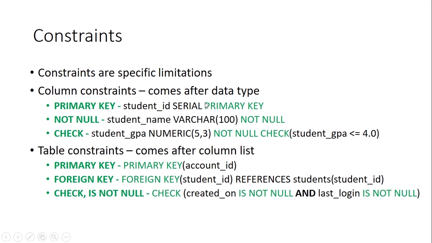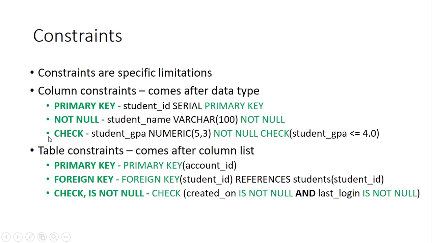Primary key can be used as a constraint, like student ID, then we use maybe serial primary key or integer primary key, then it is a constraint. Not null is a constraint, which means we can specify our column name, then its data type, then we can put not null. Not null means we cannot put a null value, which is we cannot make this column empty.